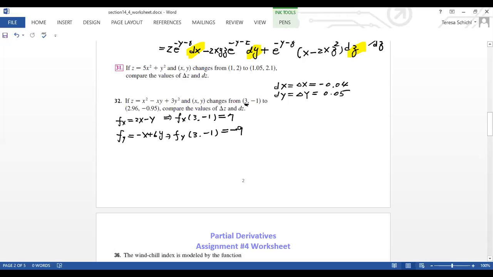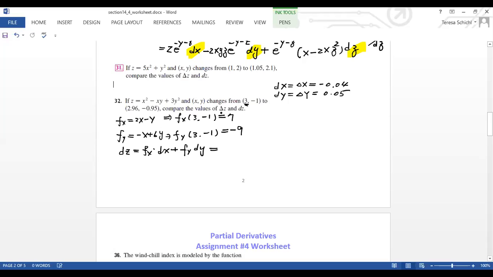So now I can find dz. Remember, dz is f sub x dx plus f sub y dy.